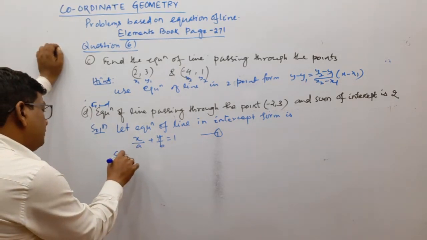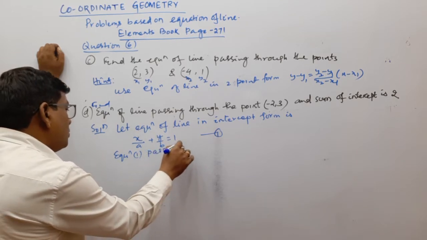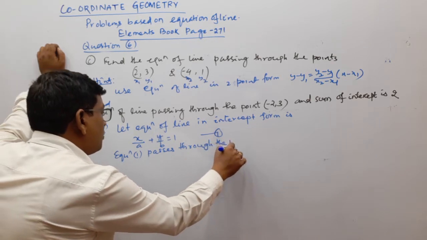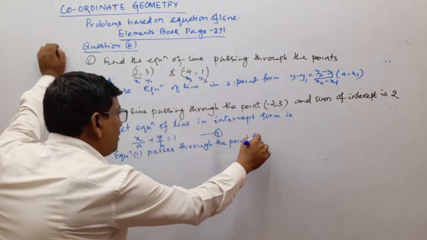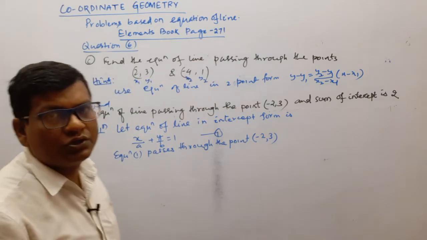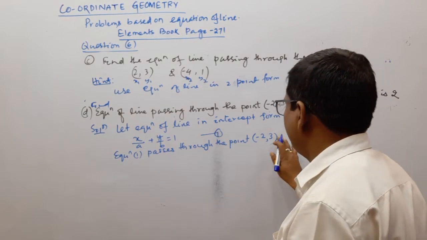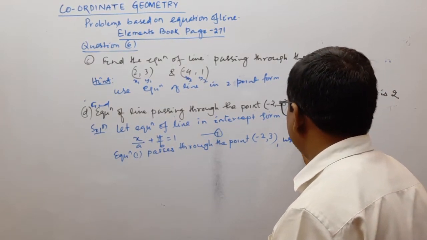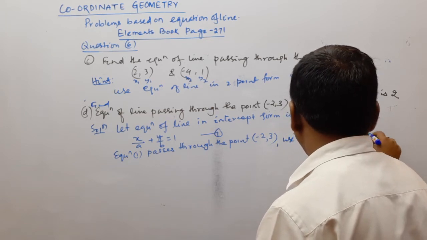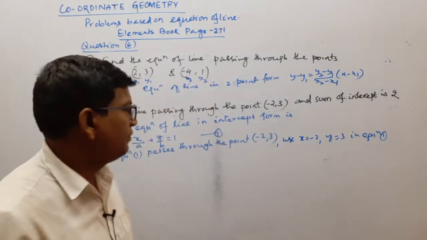Equation 1 passes through the point minus 2 comma 3. So use x is equal to minus 2 and y equal to 3 in equation 1. So what happens here?